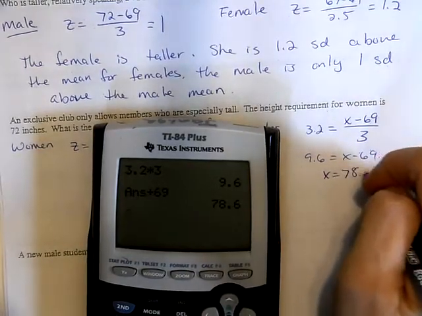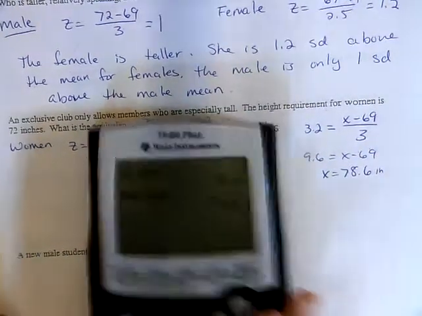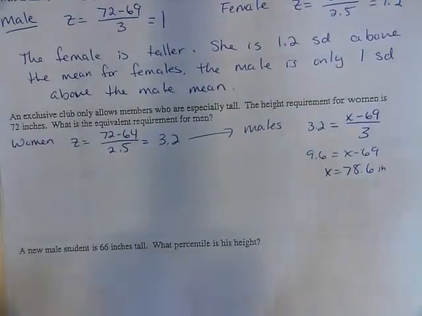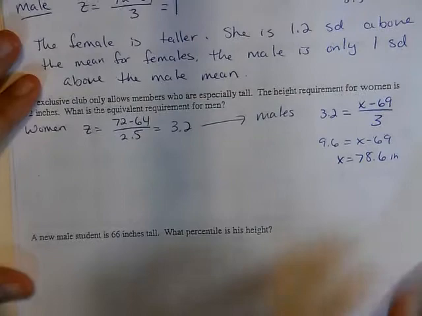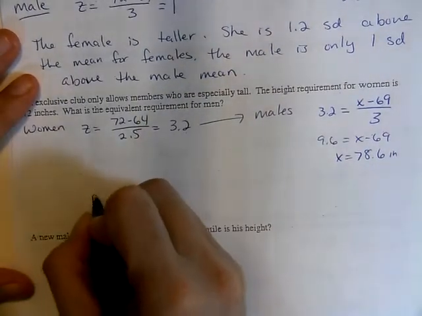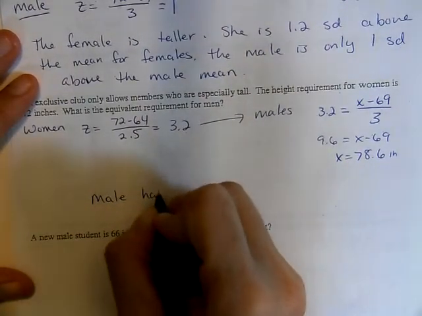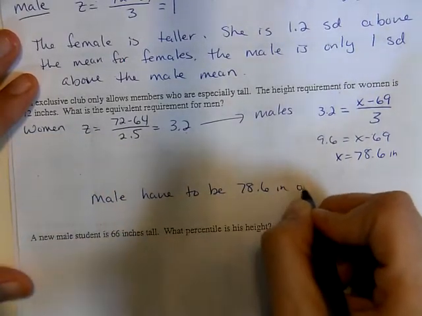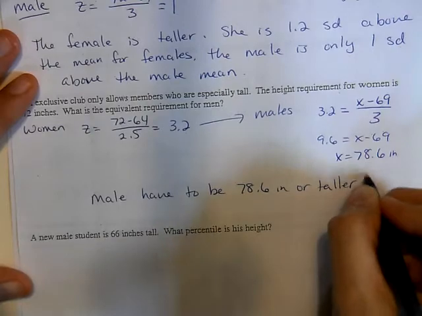So I need to be 78.6 inches or more for the guys. So you can easily convert from one z-score to another, since it's just a standardized score. So here, males have to be 78.6 inches or taller.